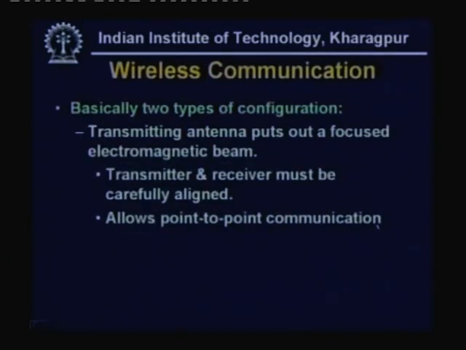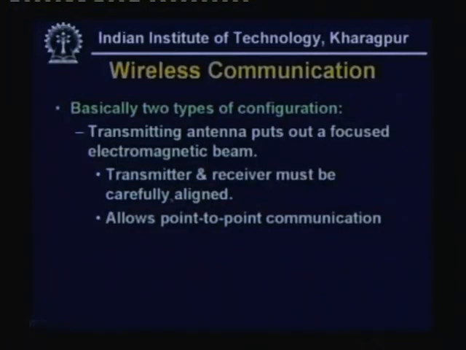Basically, there are two types of wireless communication. In one case it is called point-to-point communication. In this case, transmitting antenna puts out a focused electromagnetic beam in a particular direction.